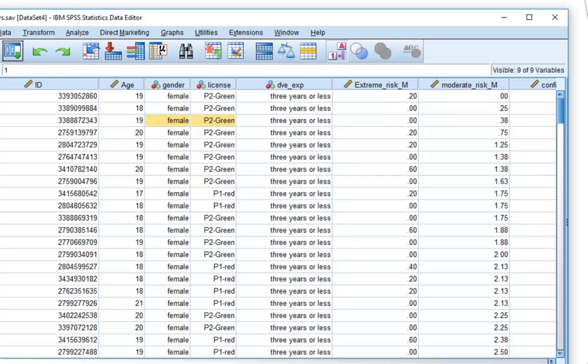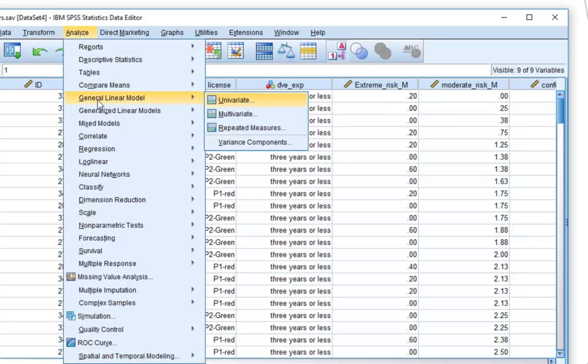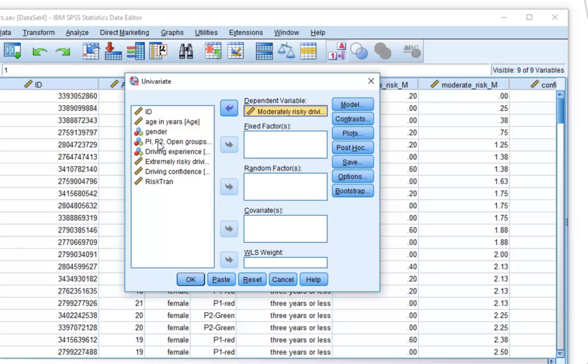So here's our SPSS, and it's the young drivers data set. And we go Analyze, General Linear Model, Univariate, because we've got one DV and it's a fully between groups design. So our DV is moderately risky driving behaviour, and our two IVs are license and gender.